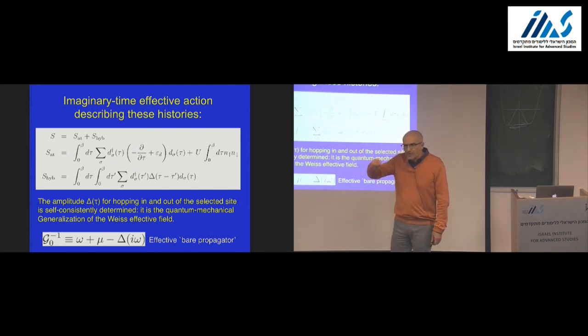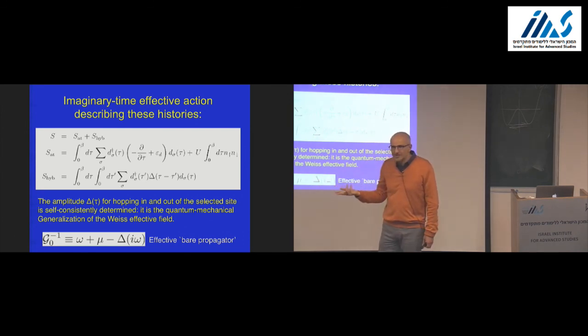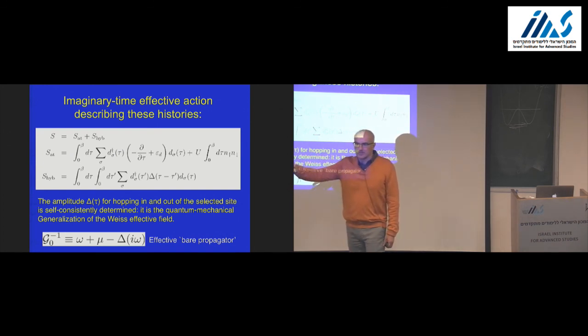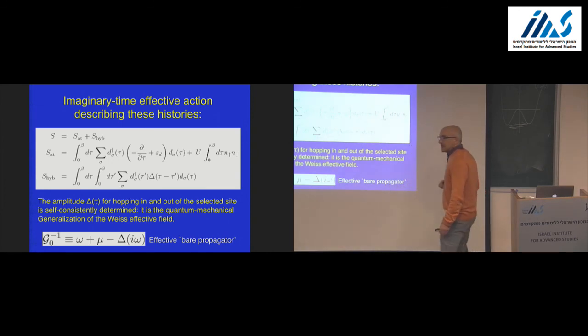So for each value of U, and each value of temperature, and each value of doping, and whatnot, delta will take a certain value, which will change with all these parameters. So it's a single atom problem coupled to a self-consistent bath. And I haven't told you yet how to find delta. I need another equation.